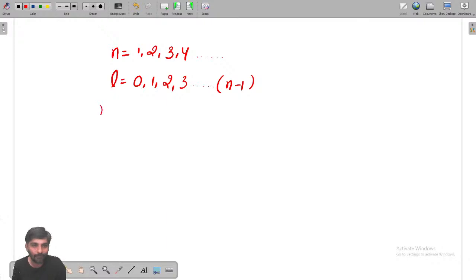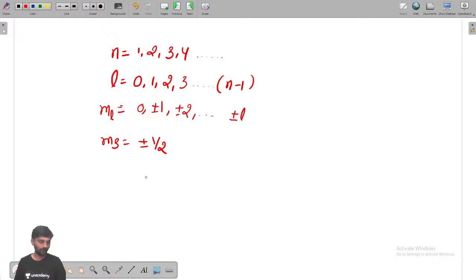Then what is the quantum number ml? ml is going to be 0, plus or minus 1, plus or minus 2, and so on, up to plus or minus l. But ms has only two values, that is plus or minus 1/2.